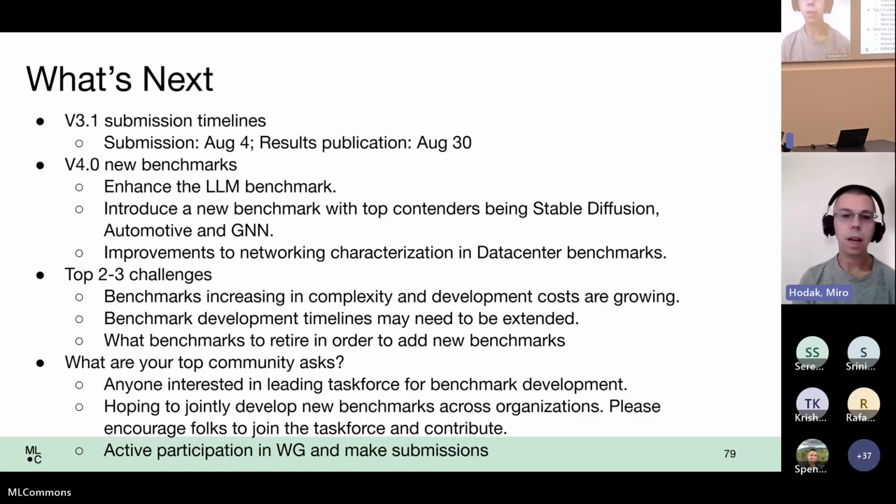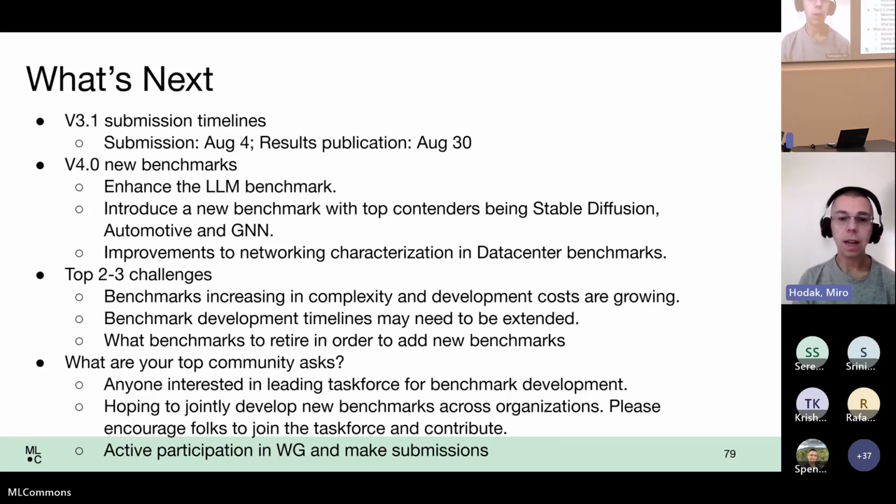That also leads to development timelines being extended. And we're going to come very close with new benchmarks. We would need to make a tough decision of retiring certain benchmarks so that we can have new ones. There's not an infinite number of benchmarks. We kept the total number to 10.